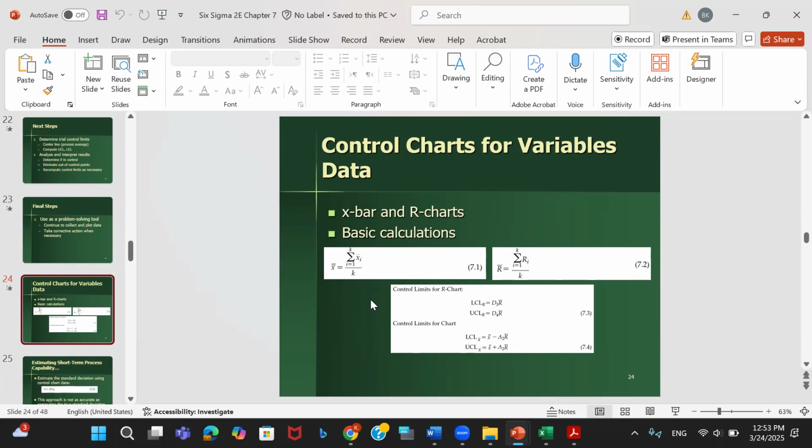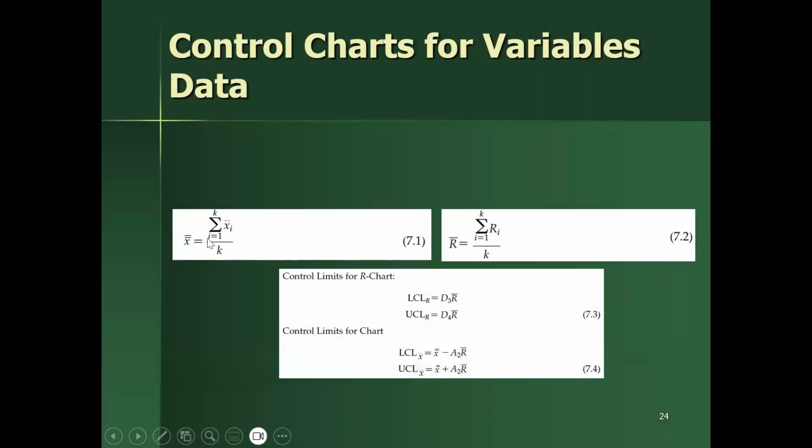So usually we start with the control chart for the average, to find out if your data is in control. First, we need to find the average of averages, which is called the X double bar.